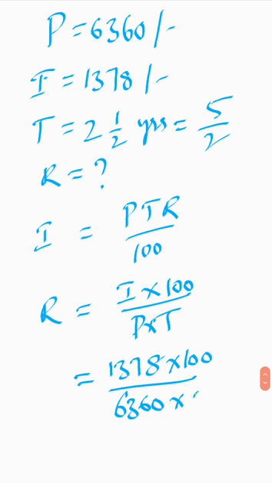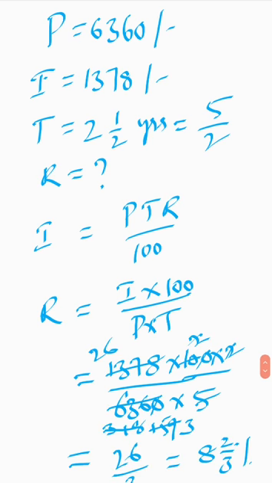So write 5 here and 2 in the numerator. Now simplify. After cancellation you will get 26 by 3, and if you convert into a mixed fraction, 8 2 by 3 percent, which is the rate of interest they are asking. That's the reason: 8 2 by 3 percentage.